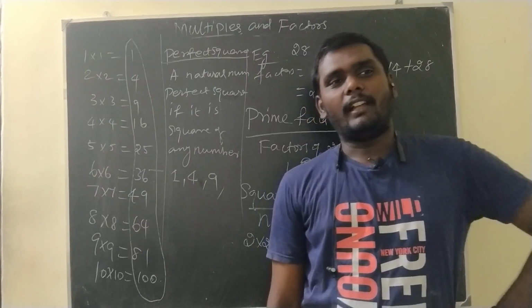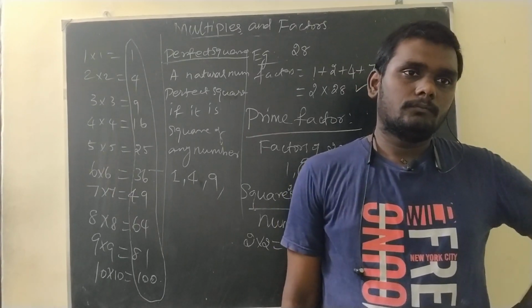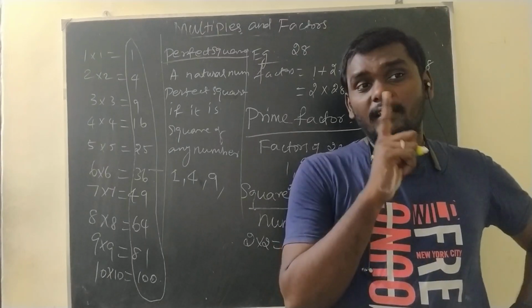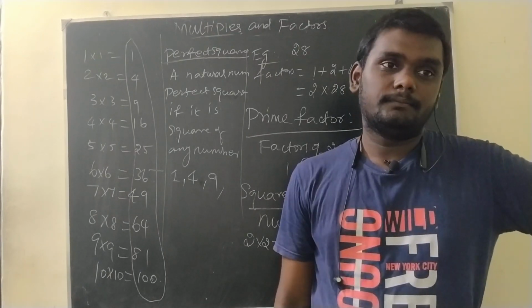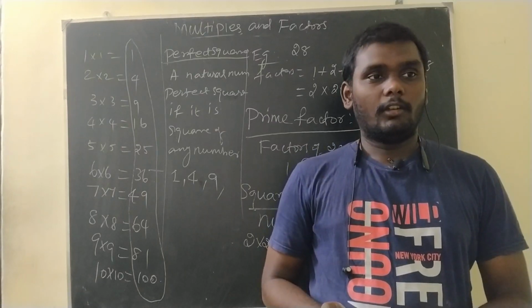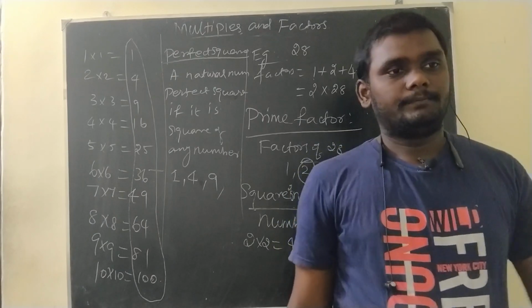Which number do we say is a factor of every number? No, man. The factor of every number is 1. 1 is a factor of every number. Okay, you observed or not?